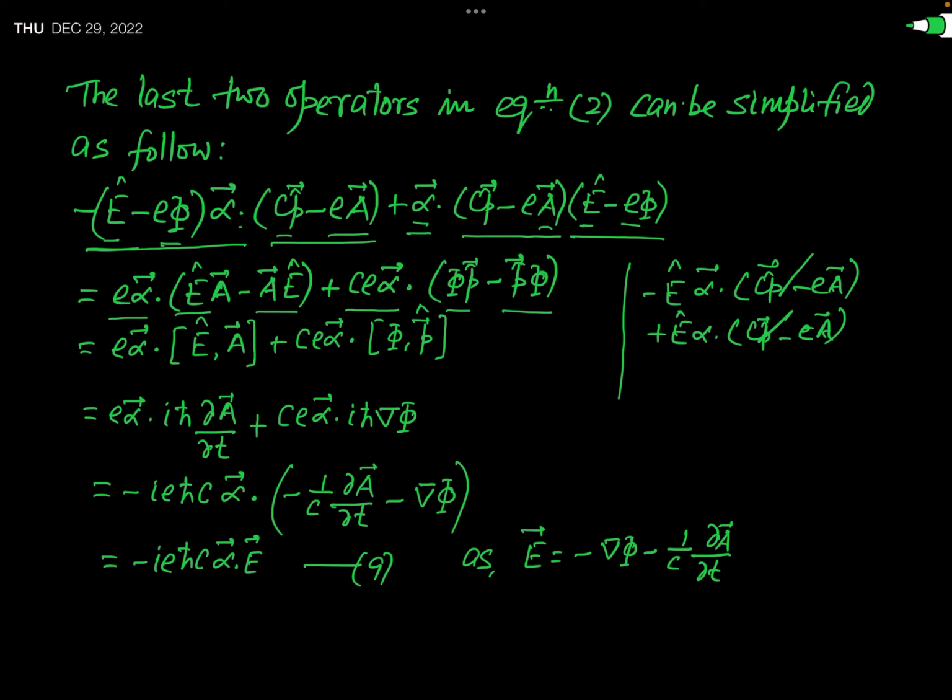Now you can see eA minus Ae, where e and A are both operators. So this is just the commutator of e and A. This first term is written as e alpha dot commutator of e and A. Similarly, this phi p minus p phi is the commutator of phi with p. So our result becomes e alpha dot commutator of e and A plus c e alpha dot commutator of phi and p.